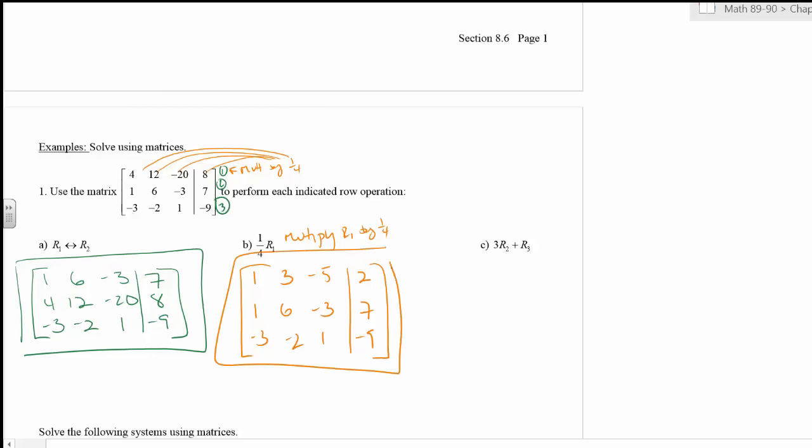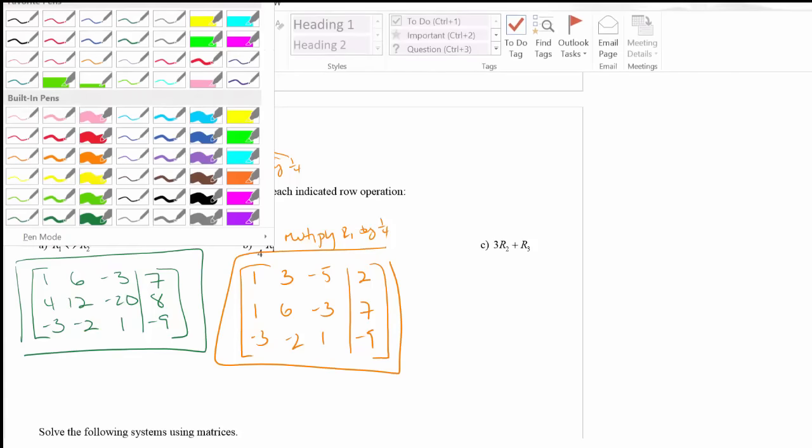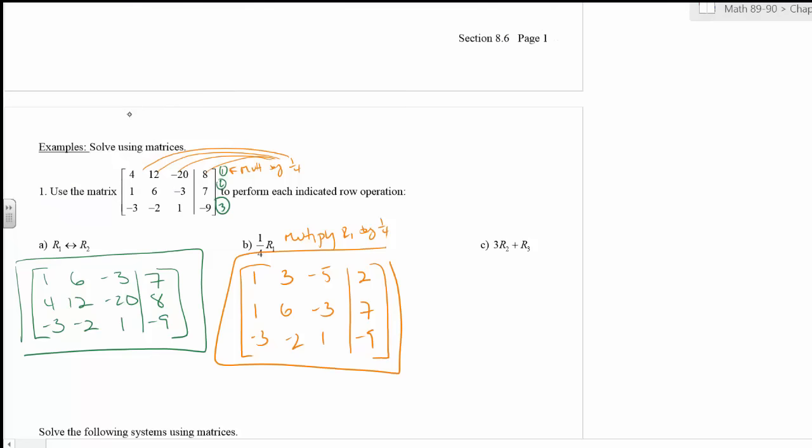Okay, now the third type of row operation. Let me switch colors again here, to blue. This one says multiply row 2 by 3, then add to row 3. When you do this, you always get a new row, meaning we're going to replace a previous row.